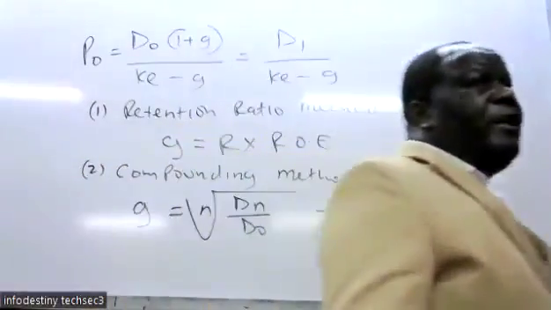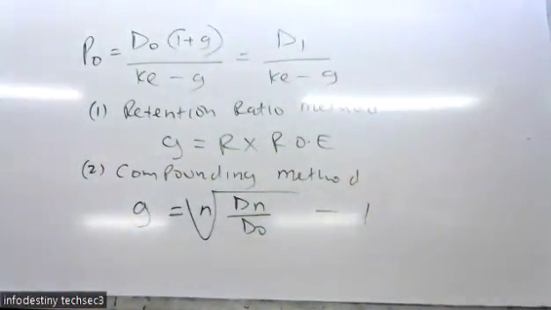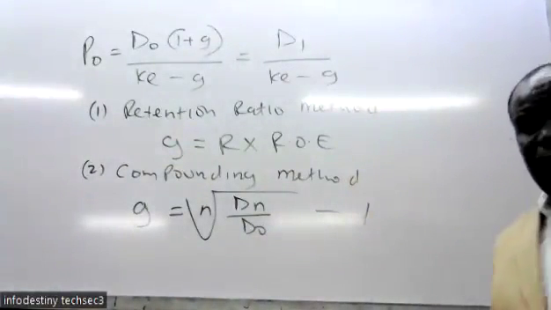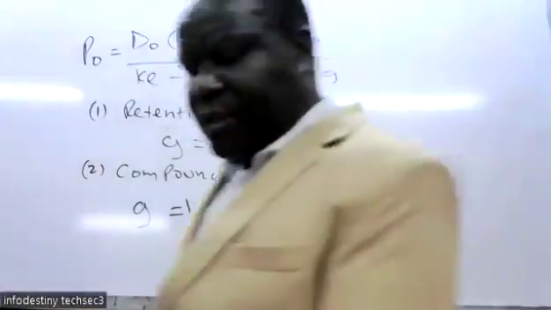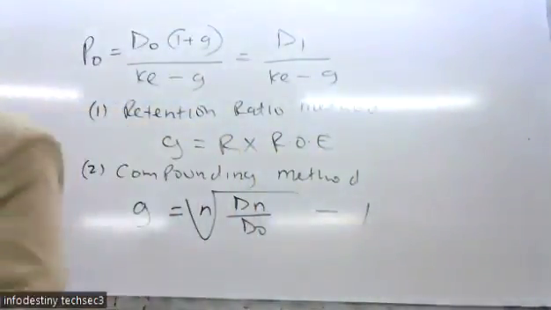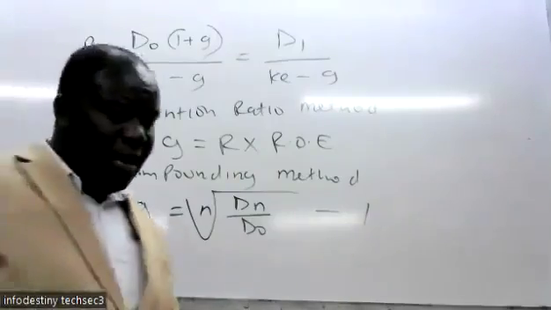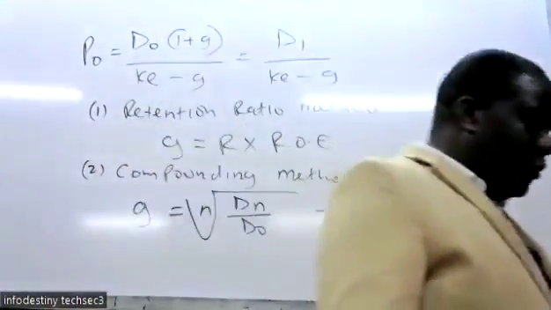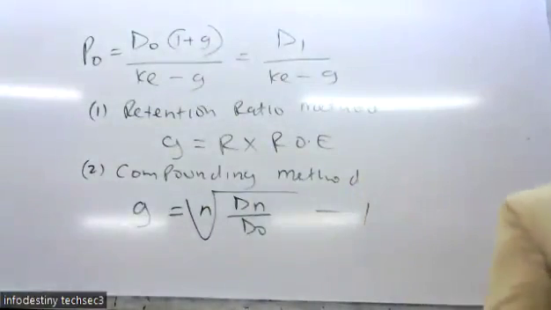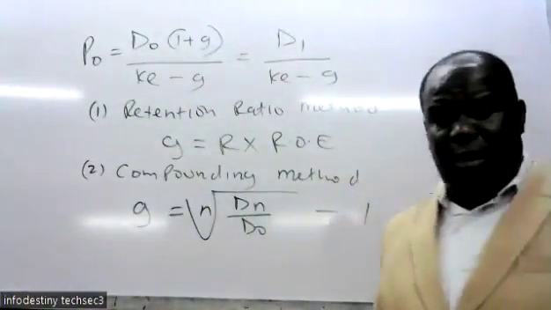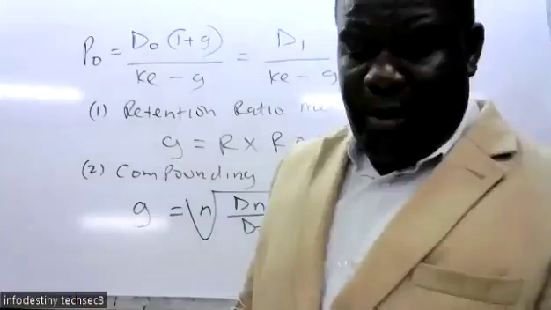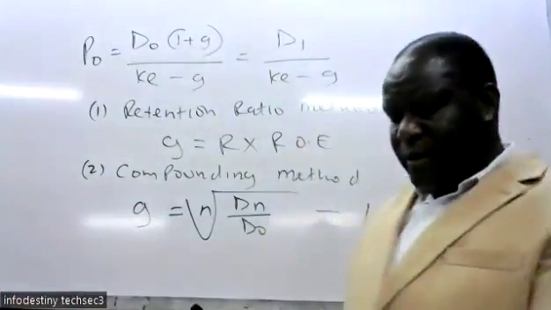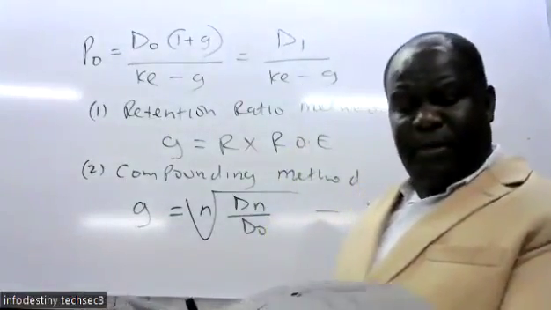I will be explaining them in details when we get a question in relation to that. So just have the formula. When I do a comprehensive question, I will explain them in details for each method.